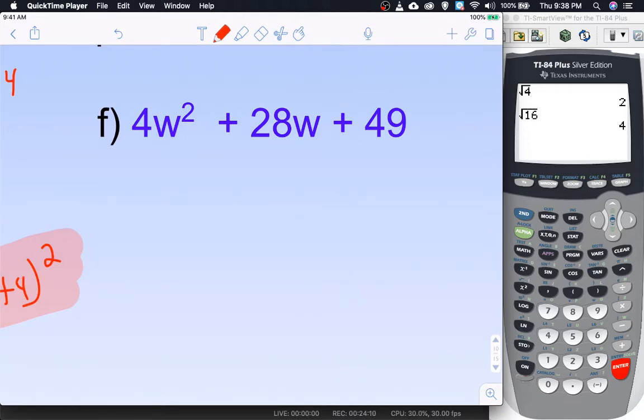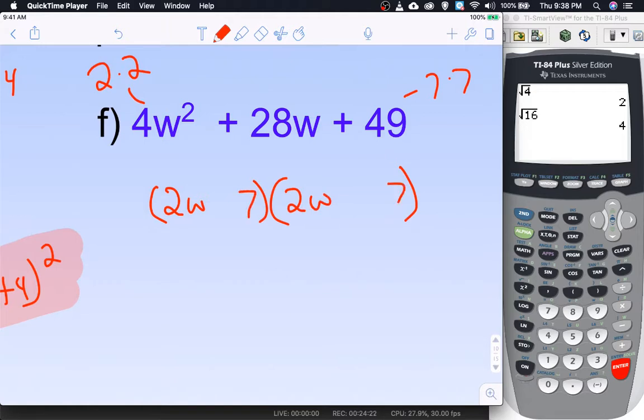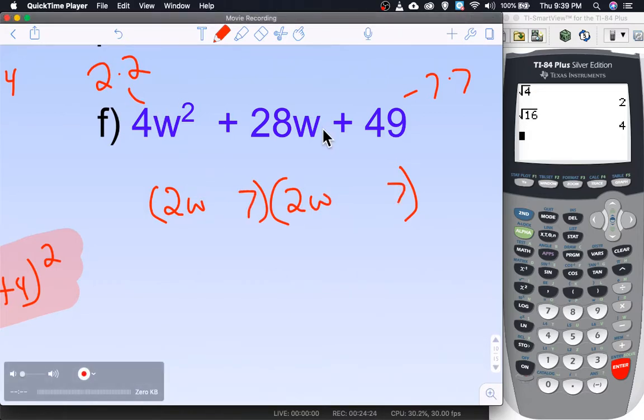All right, so I would try 7 and 7. I would try 2 and 2. 2w, 2w, 7 and 7. Because these numbers are both perfect squares, it allows us to skip some of the other work like listing factors. We can be more sure it's going to be this pair.